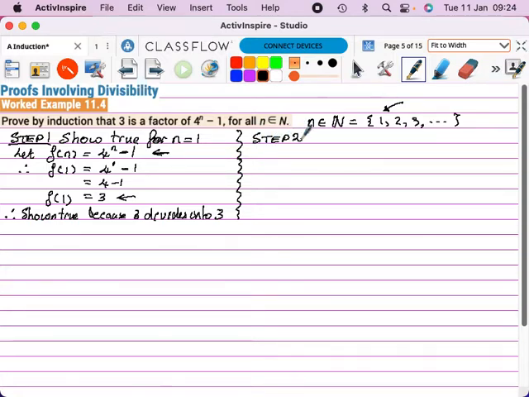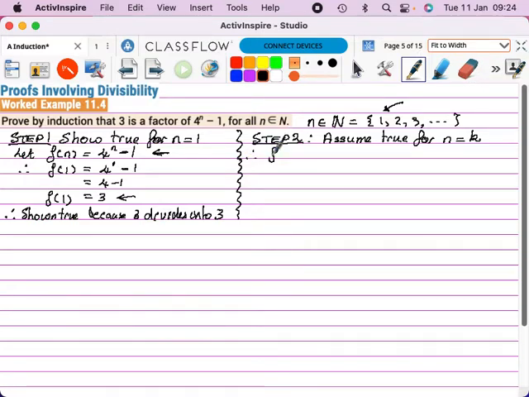So step 2, I assume true for n is equal to k. That is the inductive statement for step 2. Now, what does that mean? I've got at the moment f of n is equal to 4 to the power of n minus 1.